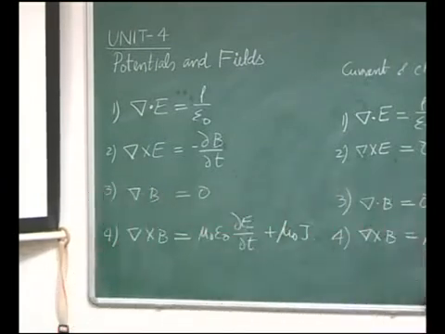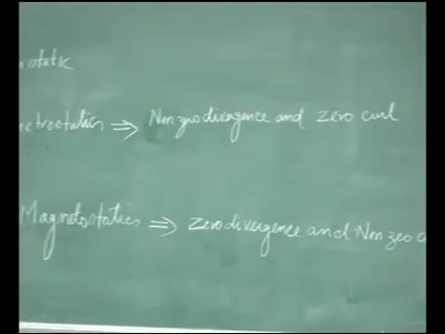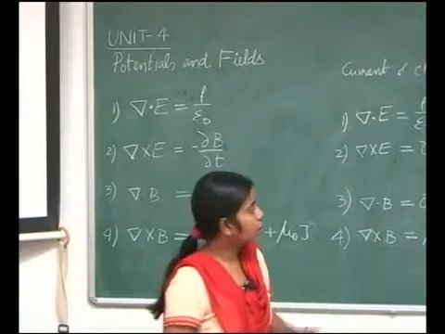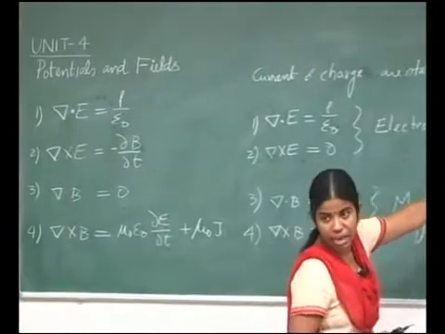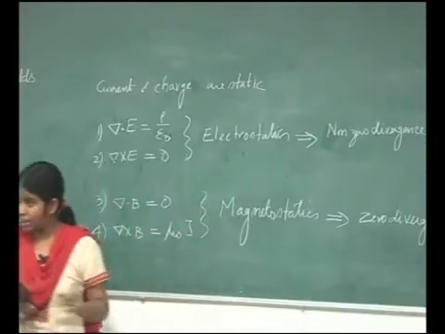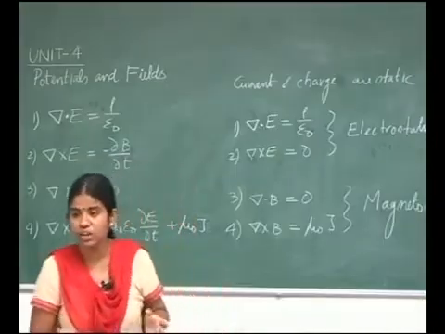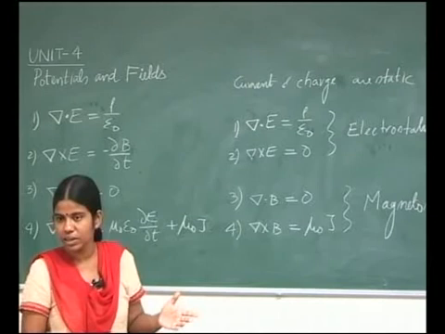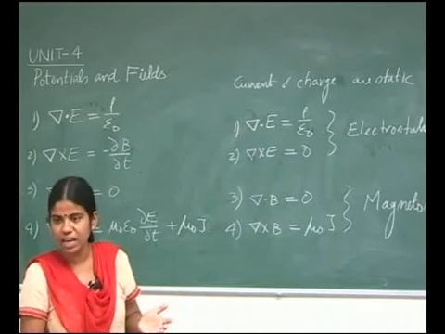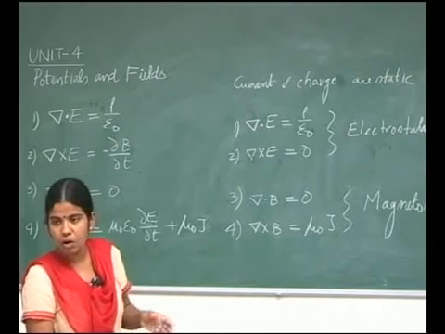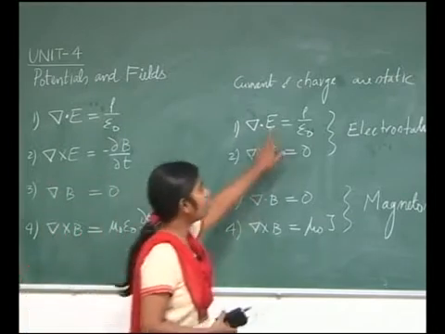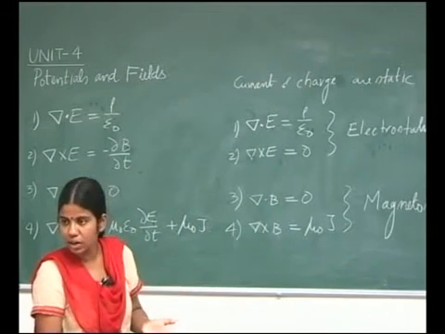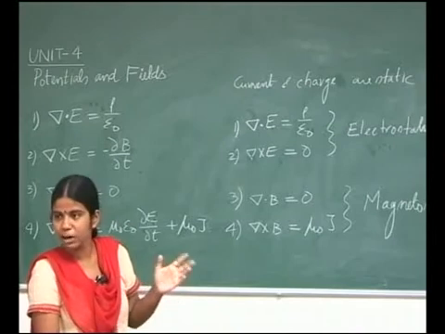These two conclusions that we derive from electrostatics and magnetostatics are extremely important: in electrostatics a given field will have non-zero divergence, that divergence will not be 0. I can assume a charge, whether you take a positive charge or a negative charge, that will have electric field lines coming out of it. Whether it is positive divergence or negative divergence will depend upon the property of the charge, but there will be a divergence. But if the charge is static, there is no curl, curl will be 0, because the field produced will be irrotational.